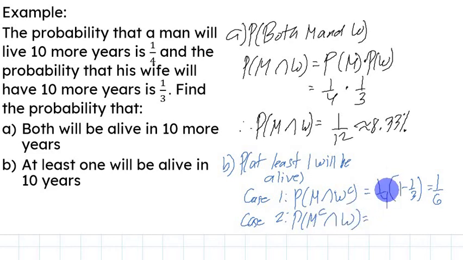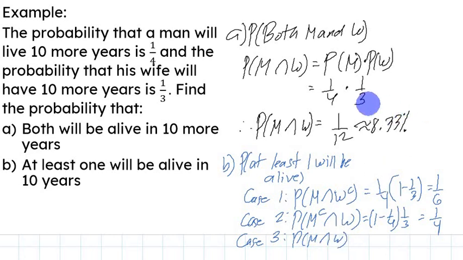So that would be 1 minus 1/4, because that's the complement of the man being alive, times 1/3, which would be equal to 1/4. And last is the probability that both of them are alive, which we already solved here, 1/12.